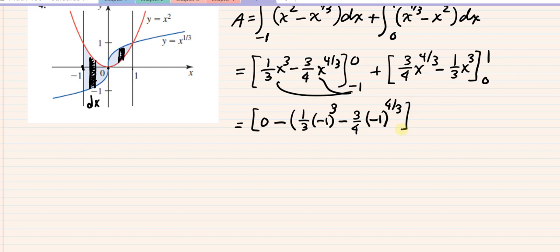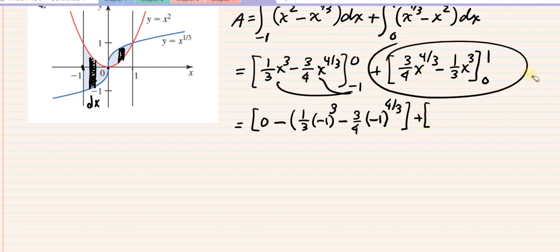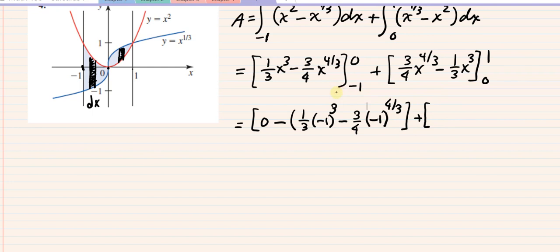So that's the upper minus lower limit, plus again the upper limit in the second integral. The upper limit is 1, so it's going to be 3/4 times 1 to 4/3, minus 1/3 of 1 cubed. Lower limit 0 gives you 0. Let me just say minus 0 if you want to write it, but no need to write that.